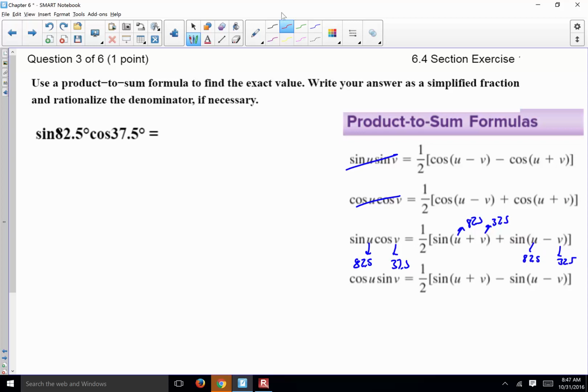Okay, so let's do it right here. 1 over 2 sine of, what happens if I add 82 and 32? 115, is that so? 115 degrees.